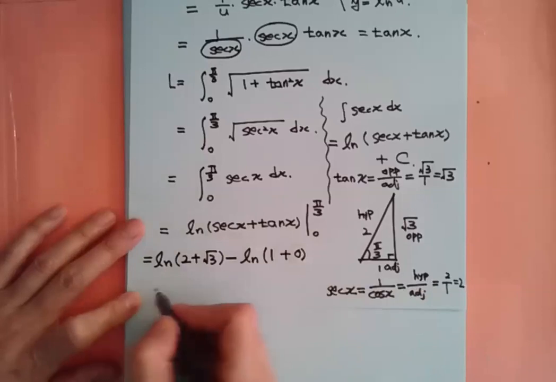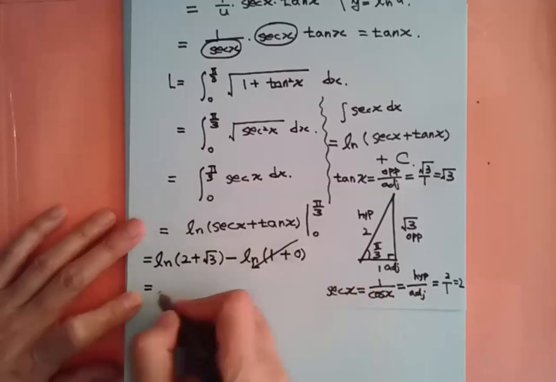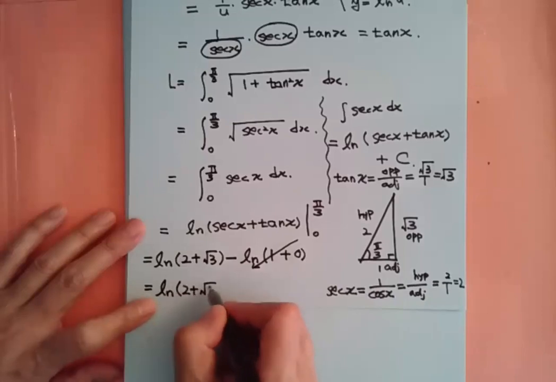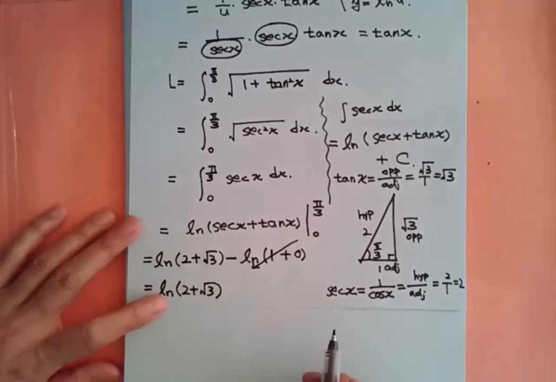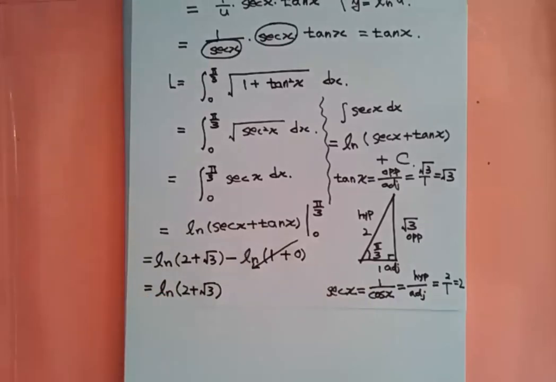So this part is natural log of 1, so that vanishes. And then we have natural log of 2 plus square root of 3. So any question?